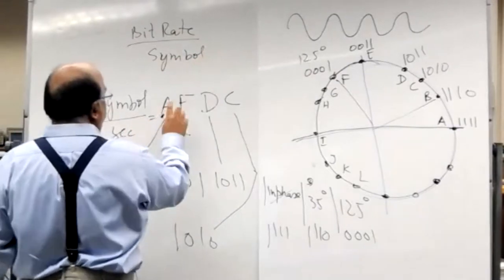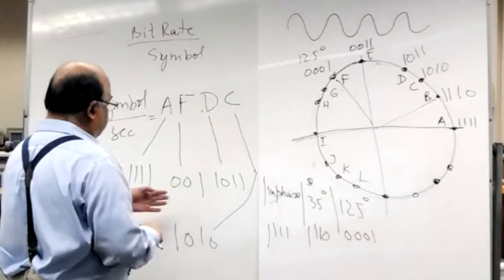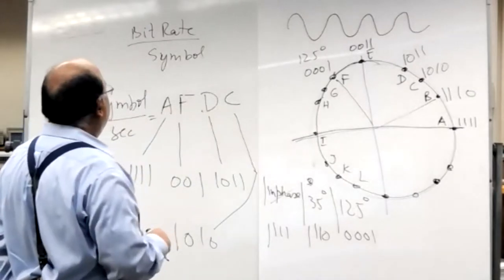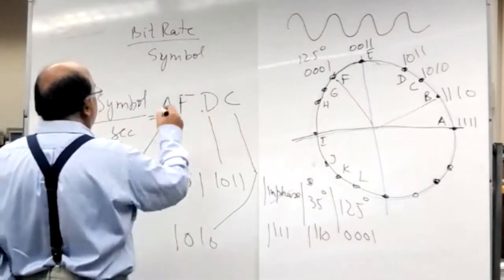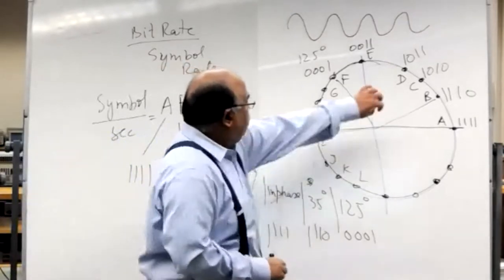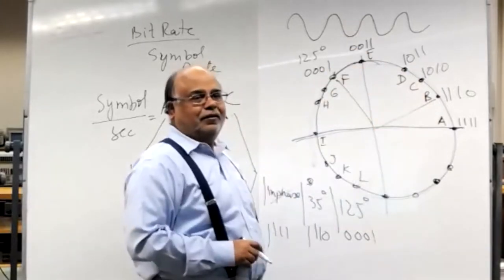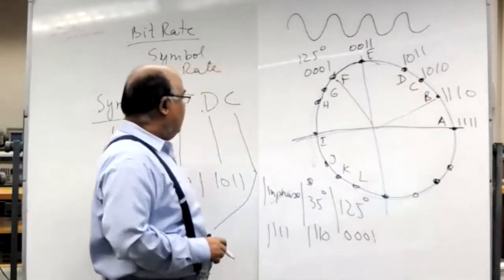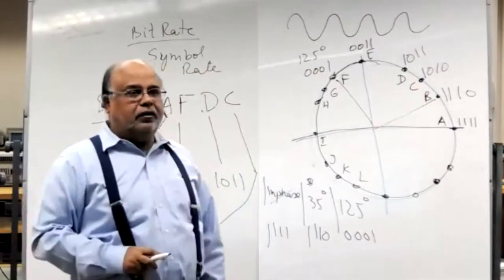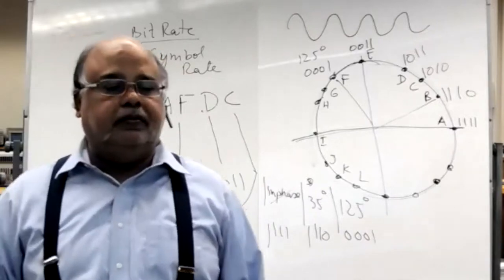So baud rate is 4 symbols per second, but the bit rate is 16 bits per second. Baud rate is how many times you are shifting between these points in a second, and that shifting and recognition depends on how strong your signal is.